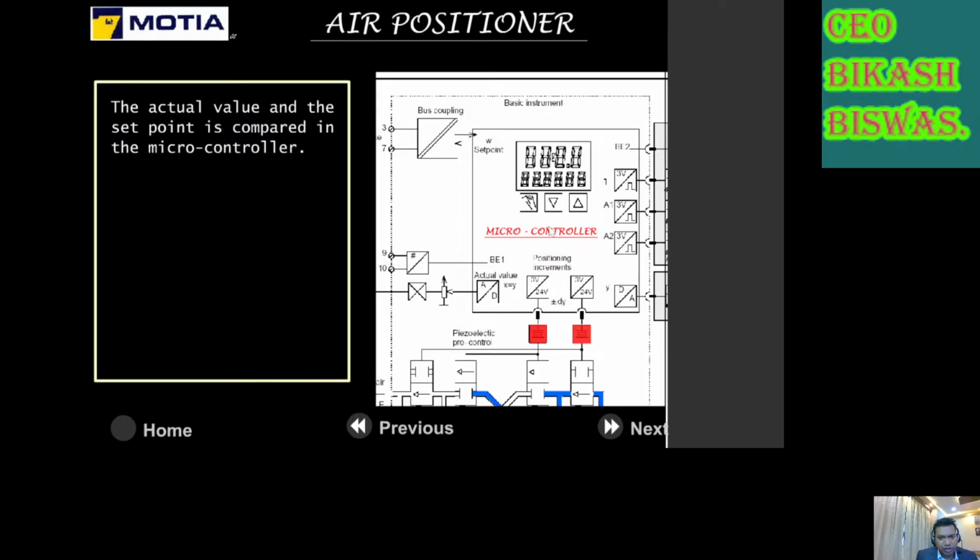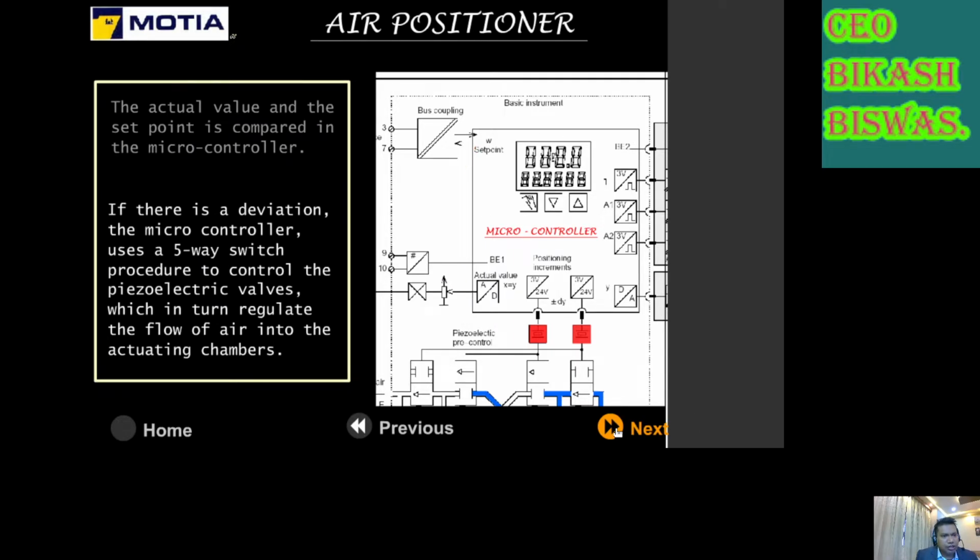So basically there is a microcontroller inside the CPAT IP positioner. If there is a deviation, the microcontroller uses a 5-way switch procedure to control the piezoelectric valves, which in turn regulate the flow of air into the actuating chamber.